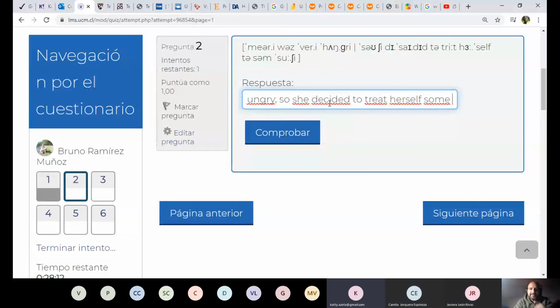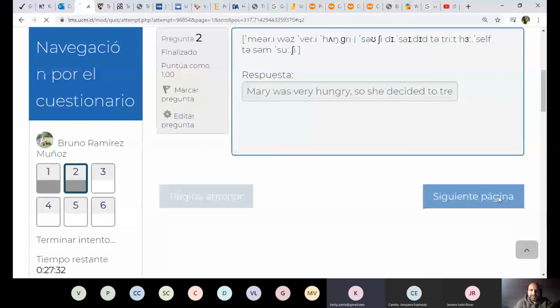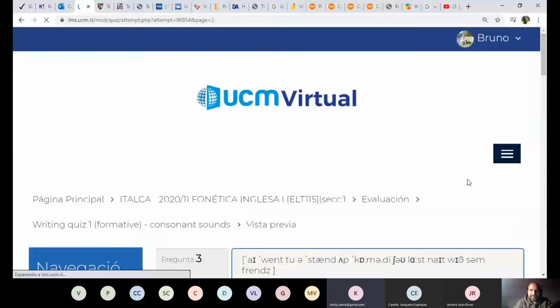Anything missing? To treat herself to some sushi. Sushi. Anything else? So then you hit comprobar and then you hit on next page. And that's the idea with this writing quiz, okay?